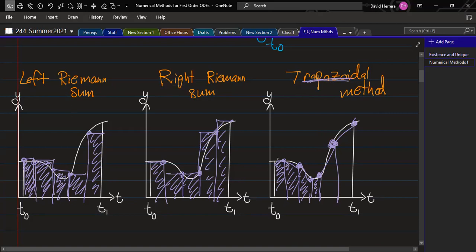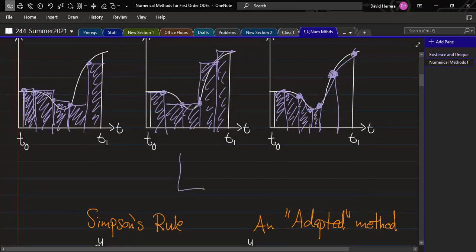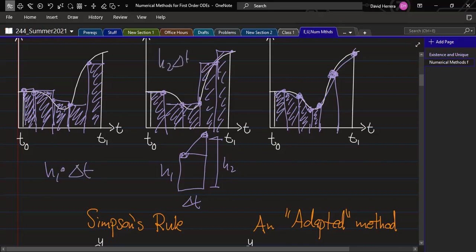So remember the formula for the area of a trapezoid. If you're using the left Riemann sum, you would just get this area. So let's say this is height h1 with delta t here, and this is height h2 with delta t. For the left Riemann sum, you have h1 times delta t. For the right Riemann sum, you have h2 times delta t. And if you were to calculate the area of the trapezoid, it's actually 1/2 (h1 plus h2) times delta t.